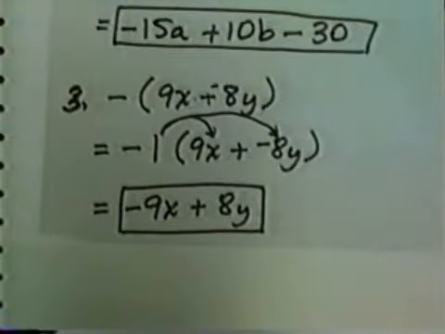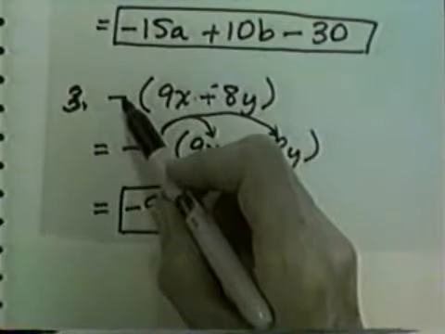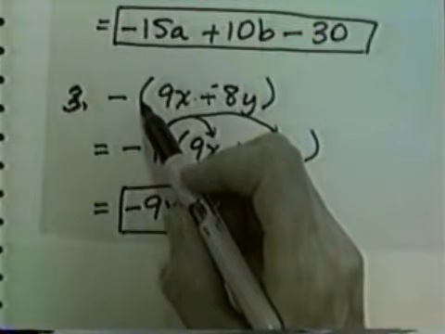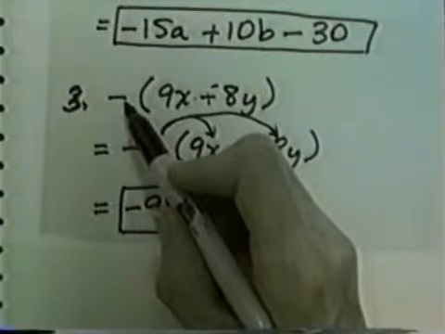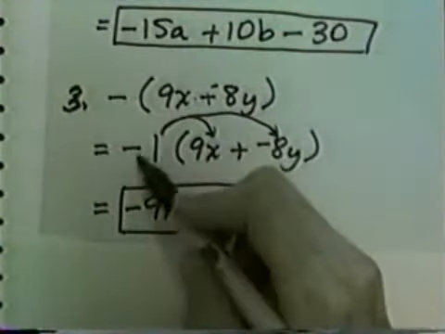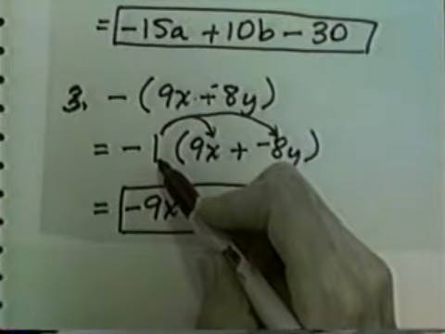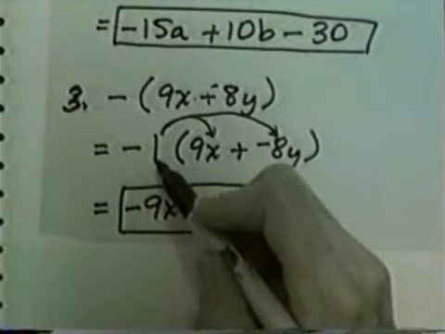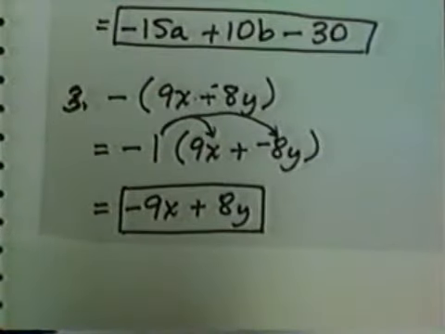Now, this example can be thought of in a different way. When we have the minus sign preceding the parentheses, one way to handle the problem is to think of that minus sign as implying that negative 1 is the coefficient. Negative 1 is the factor outside parentheses to be multiplied by the distributive property.